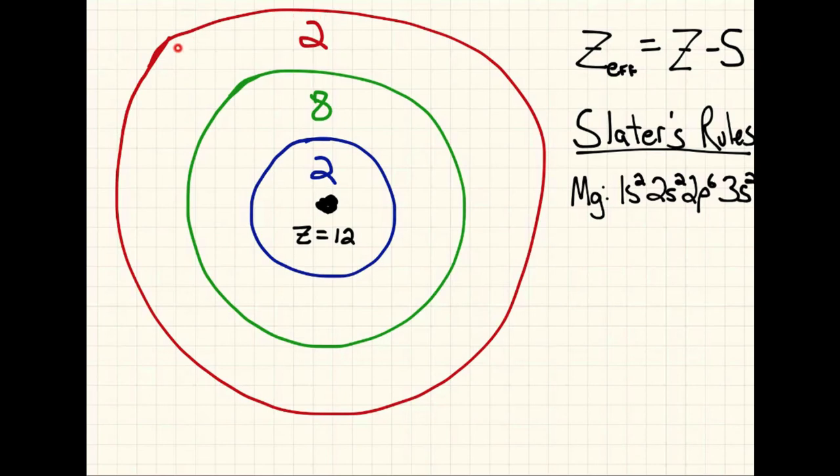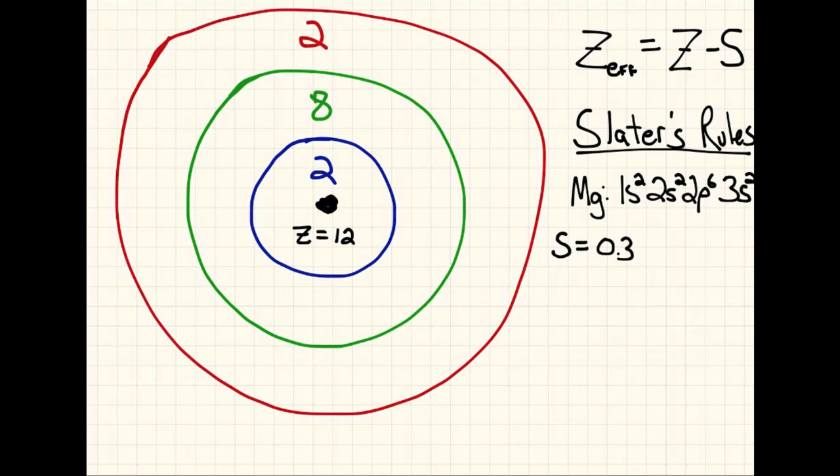So if we first consider this outermost zone, we know that there's 2 electrons there. So if I'm one of those electrons, there is 1 other electron with me. Now, what Slater's rules tells us is that the shielding value for electrons that are in the same spatial zone as you are is 0.35.